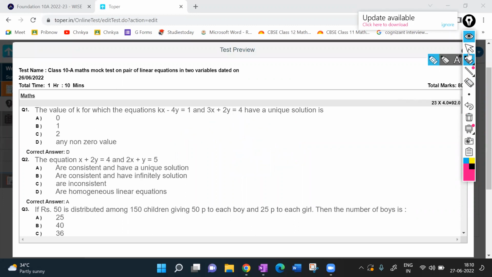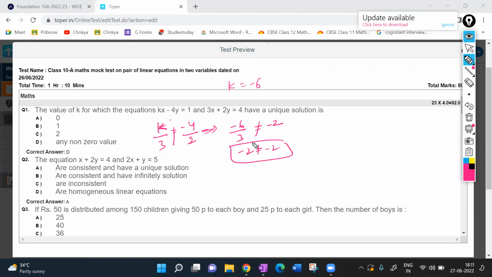Sir, I'm saying if the value of K is -6, then -6 by 3 equals -4 by 2, both are equal, right? So how can you give that answer? If the value of K is -6, then -6 by 3 will be equal to -2, and -4 by 2 is also -2.